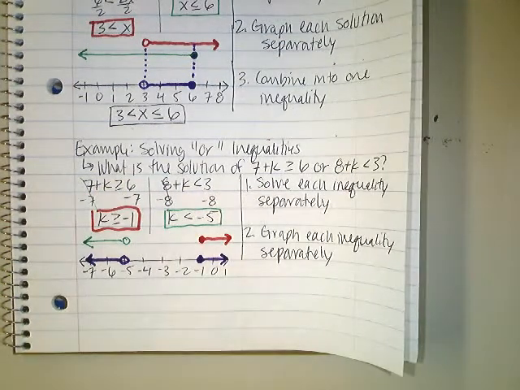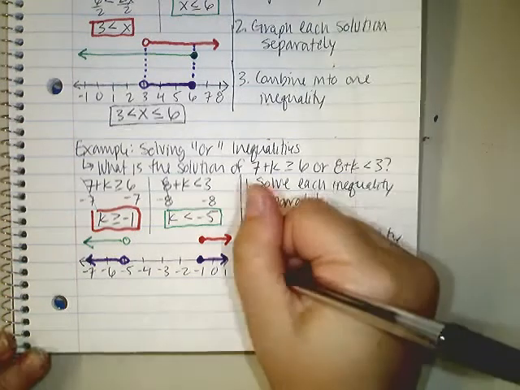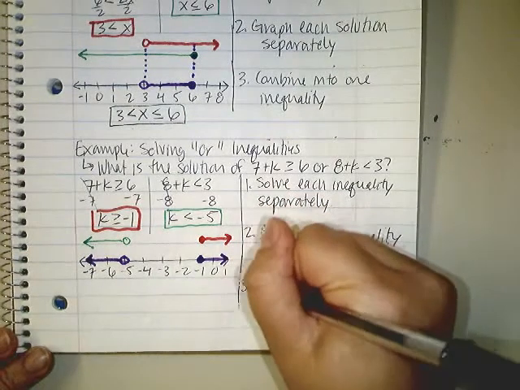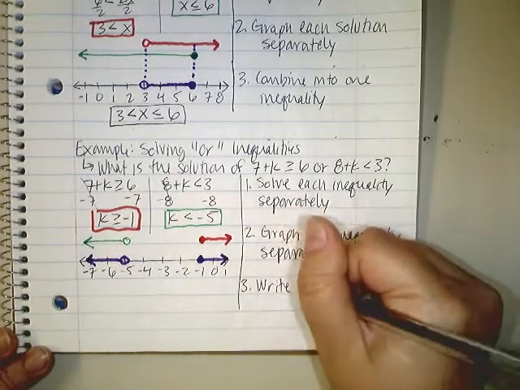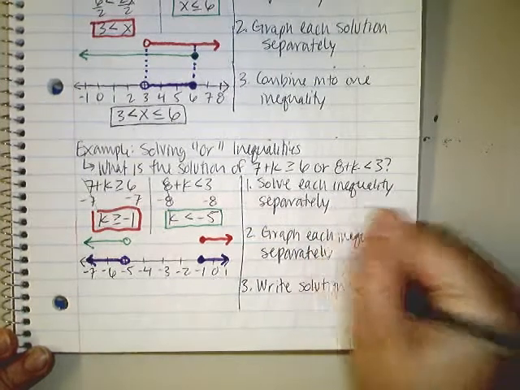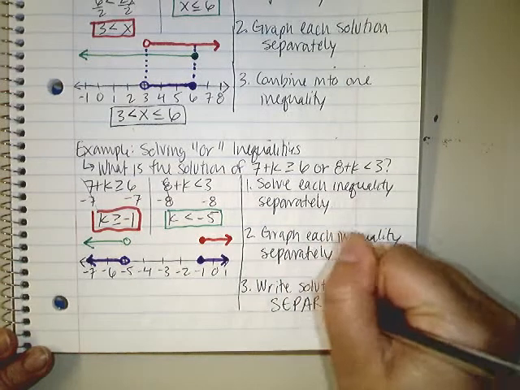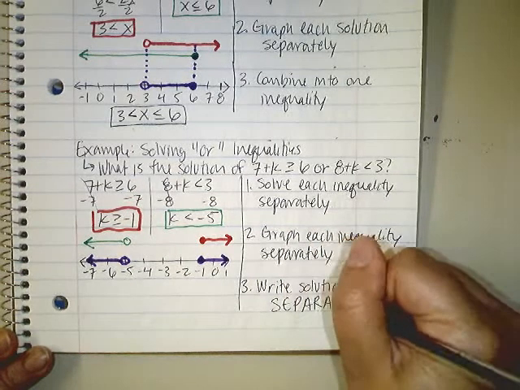And since they are not combined with an and, they are an or. I will have to write my final solution as two separate inequalities. So I'm going to emphasize this. If it's an or inequality, they must be written separately.